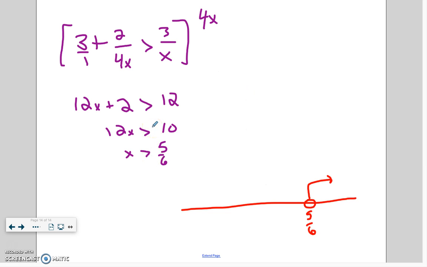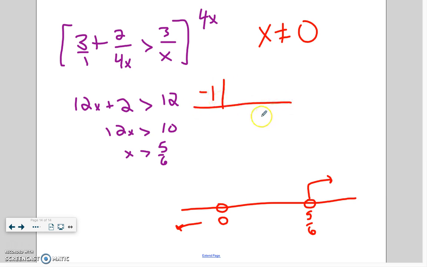But we need to keep in mind that our excluded values for this one, x was not equal to 0, because I can't plug 0 in and get an answer out. So I have to include that in this situation. So we have an open dot at 0, and now I need to pick values that are less than 0 and plug it in here. So let's say we plug in -1. And then we need to pick one value that's greater than 0, and let's say we plug in 1.